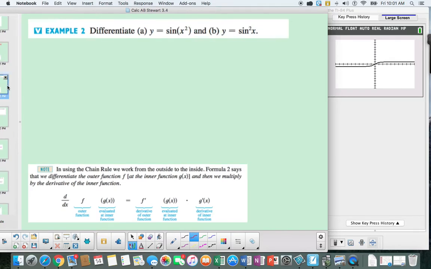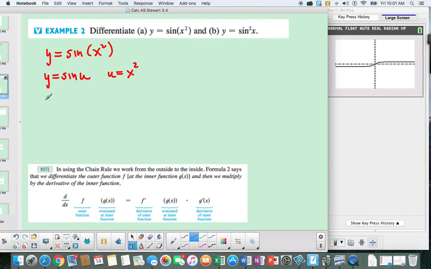All right, let's go ahead and do some other examples. Right here, the hardest part is to make sure you recognize you have a composite function. I see my outer function being the sine function, and I see my inner function being the x squared function.